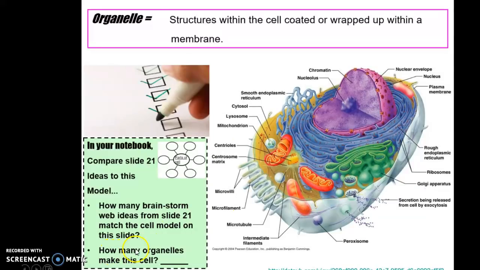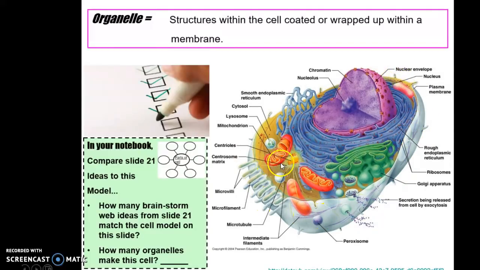And the second question is how many organelles make this cell? So how many organelles or structures within this cell do you see that are coated or wrapped in a membrane? A colorful membrane. I'll help you out. You have the outer membrane, the cell membrane. It's colored white.